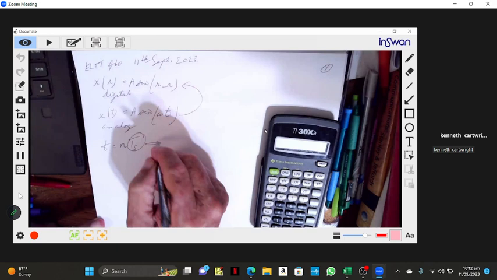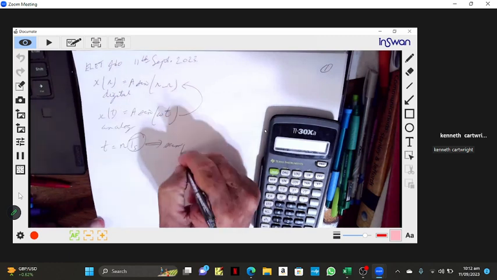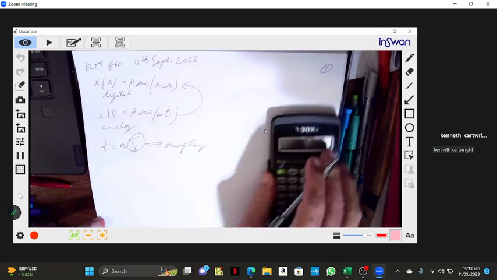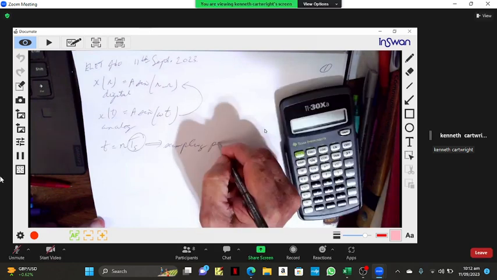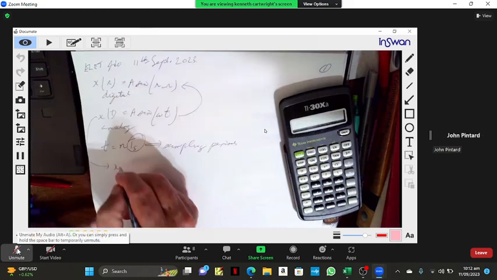So clearly omega is 2 pi f. So f is the analog frequency. But I got it.